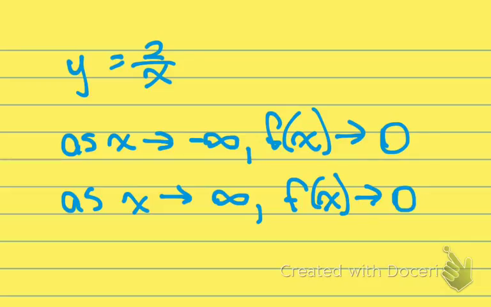So it doesn't always have to go to infinity, and that was a good example for us to look at. Remember, it doesn't mean that we're ever going to reach it necessarily, but that's what we're moving toward. So now, the last function we're going to look at today is y equals negative 4 over x squared.